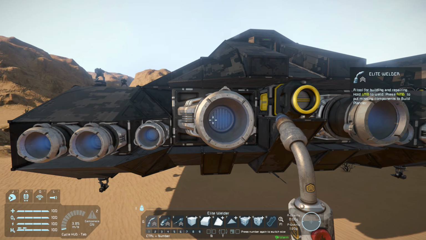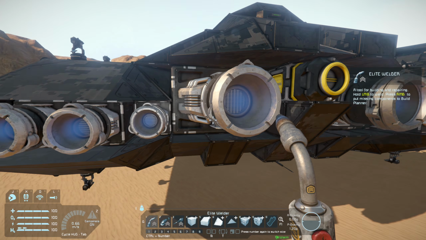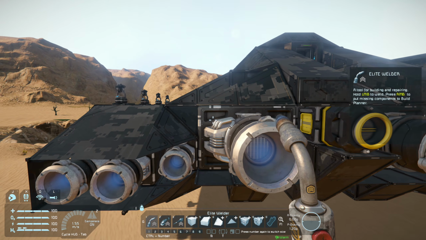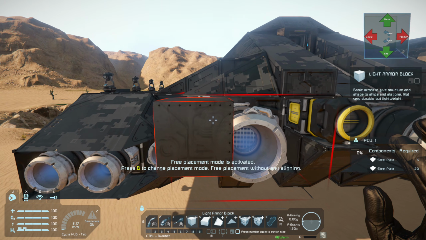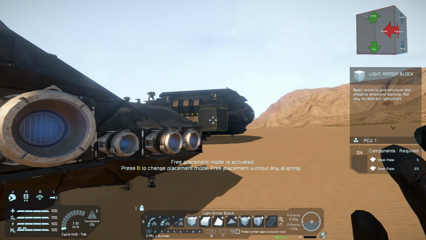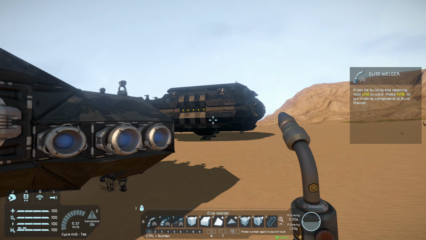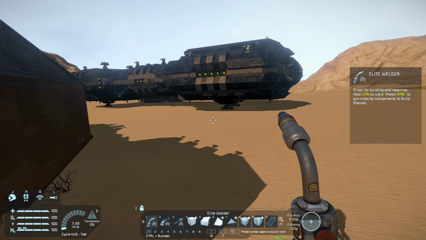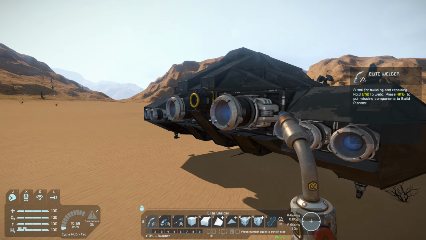The good thing about ion thrusters though is that the large ones only take up an area of 2 wide by 3 long, whereas the large hydrogen thrusters basically take up a 9 by 9 area.